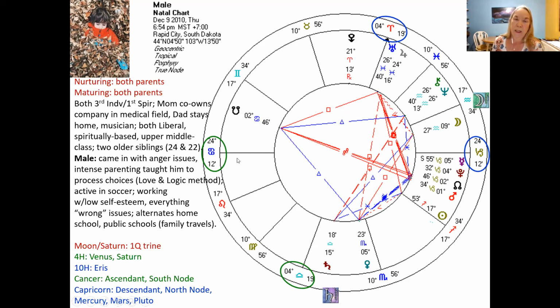And so I think what can happen for this soul here is with this South Node in Cancer, 12th house, it still has its point of activity, and it has this rulership of the Cancer on the ascendant.